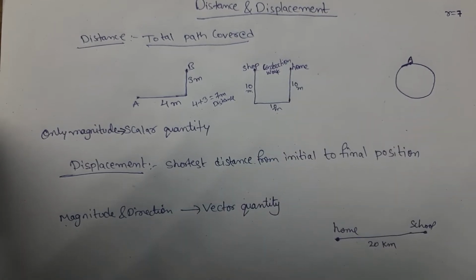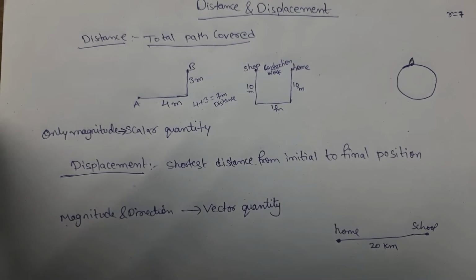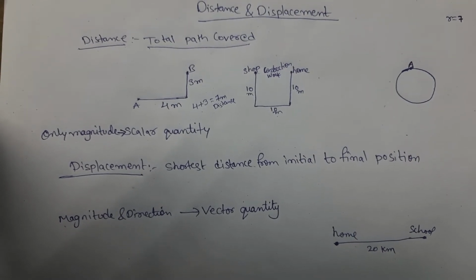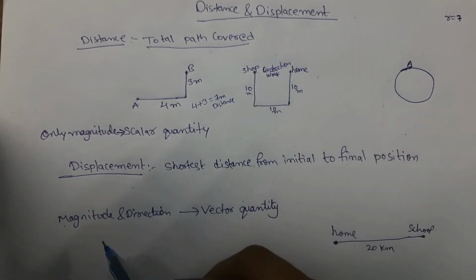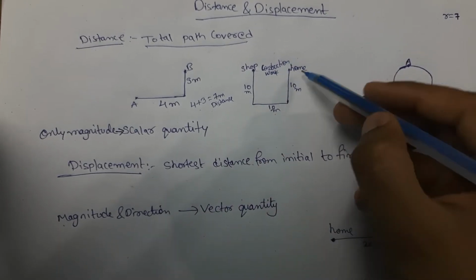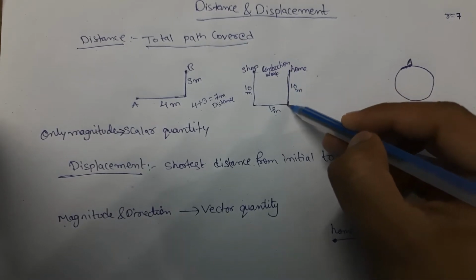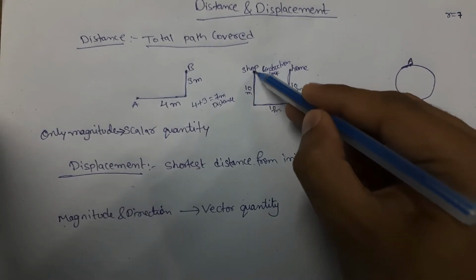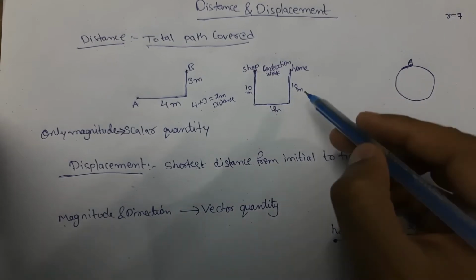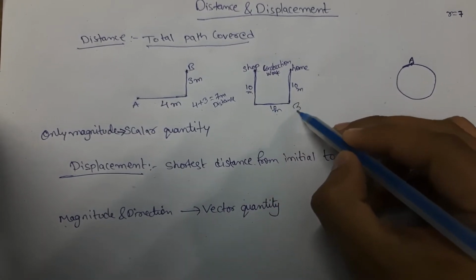And in another example, let's say you are going to buy groceries in a shop which is at the end of your line, but there is a construction work going on, so you travel all this way to reach that shop. Means you travel 10 meters and 10 meters, total 30 meters.